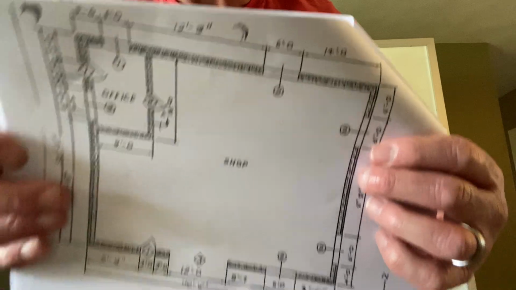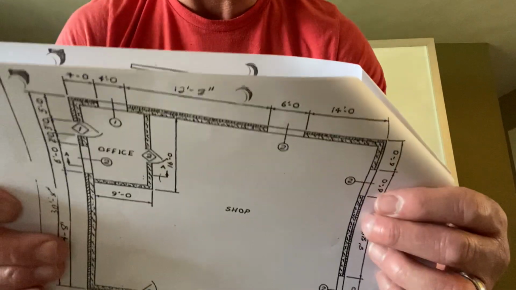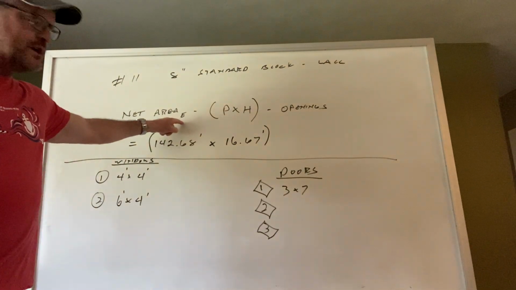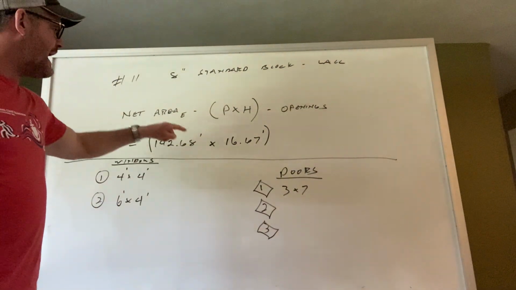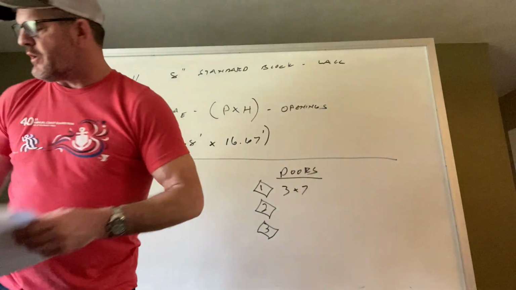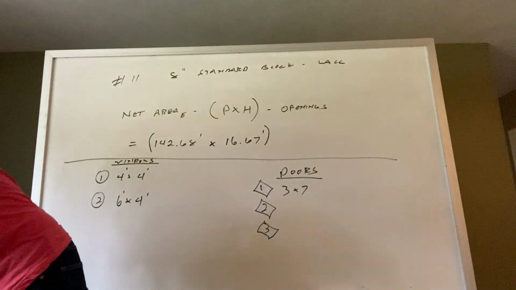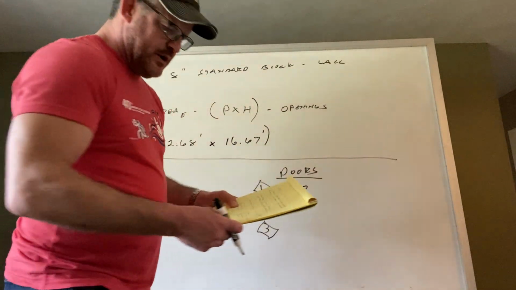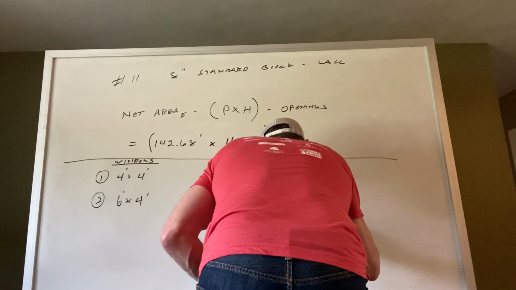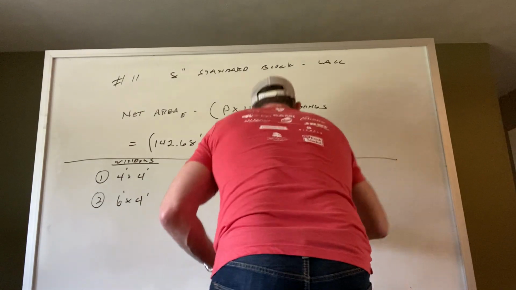Door number 2 is in the interior wall. So do we want it in this calculation? No, we don't, because we're solving for my exterior. So I don't have a door number 2 for the exterior. I will determine door number 2 when I get to the interior net area. So I skipped that. Do I have door number 3? Yes, I do. It's 12 foot by 8 foot.